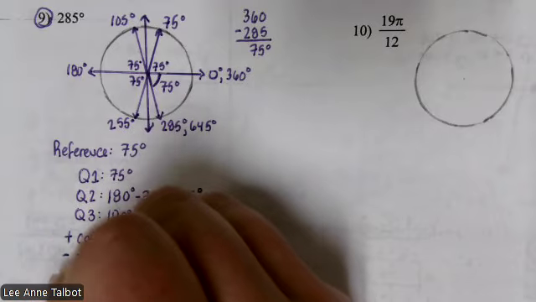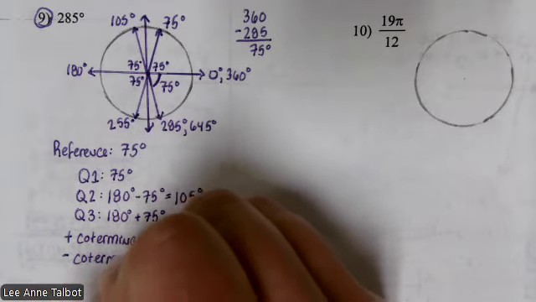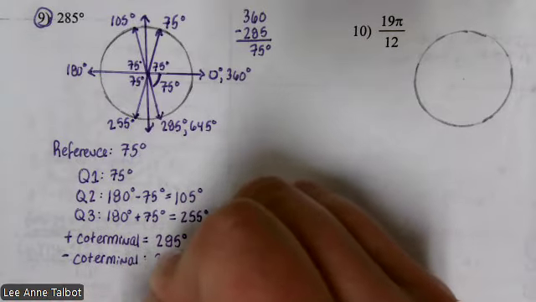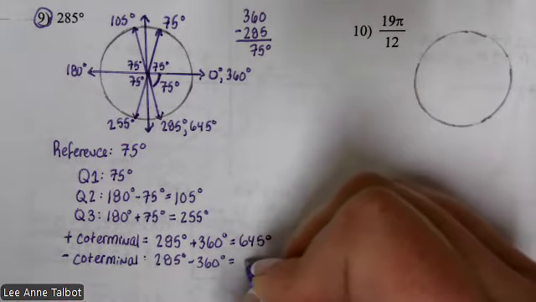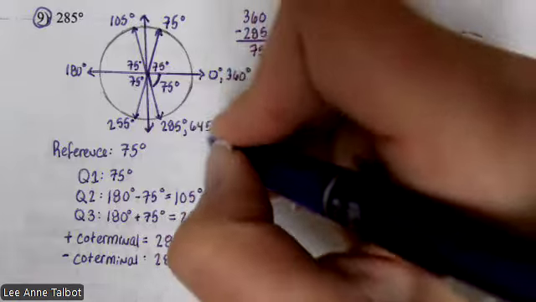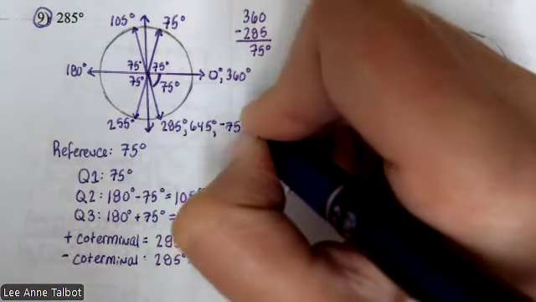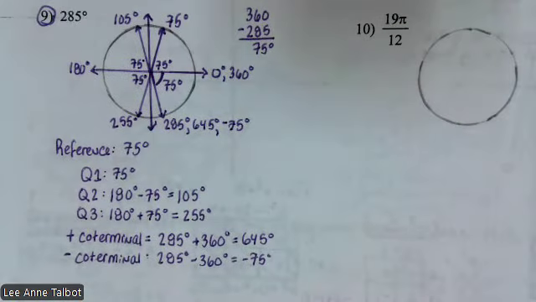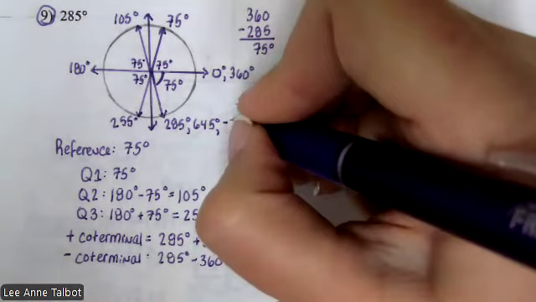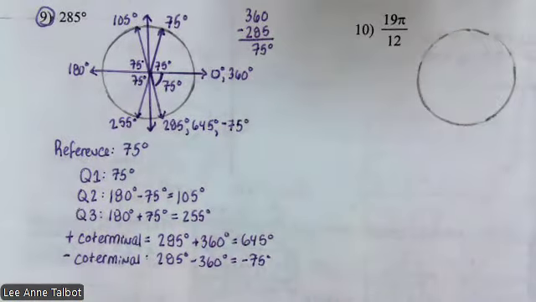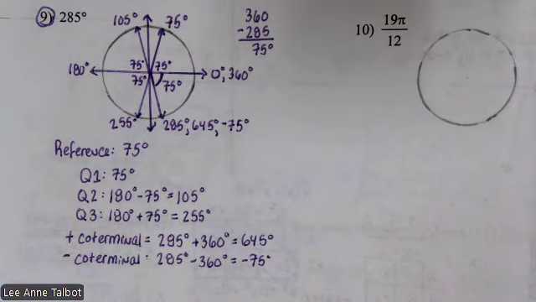And a negative coterminal angle is 285 minus 360, which is negative 75. And I'm hoping at least a couple people in the room said to themselves, oh yeah, that is at negative 75, because I went backwards 75.